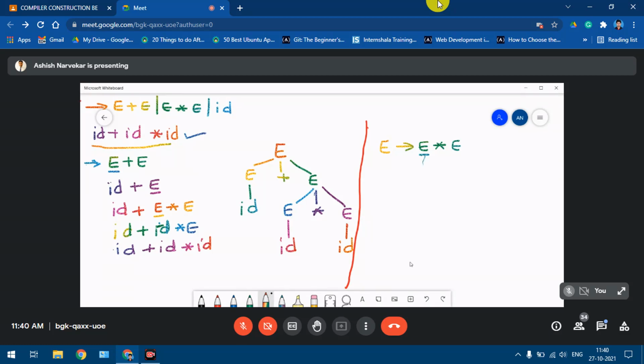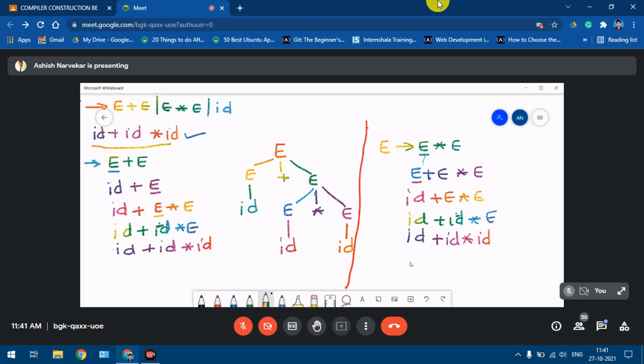Looking at the production rules, we can see that it will be E plus E star E. Next it will be ID plus E star E. Then it will be ID plus ID star E. And finally it will be ID plus ID star ID.